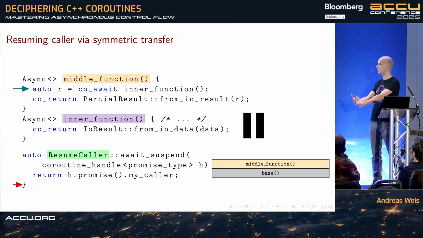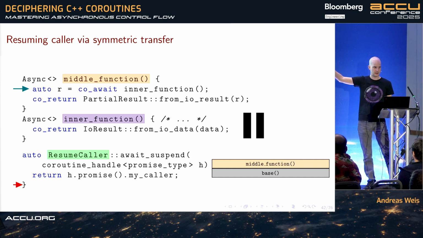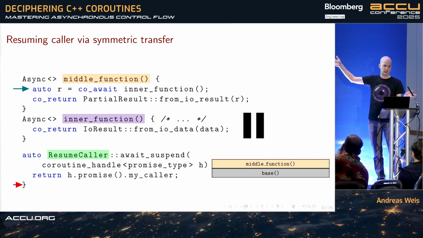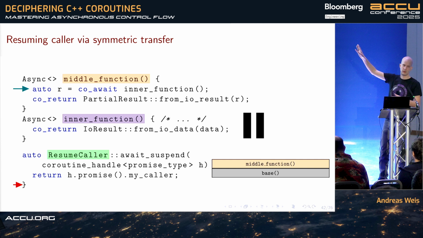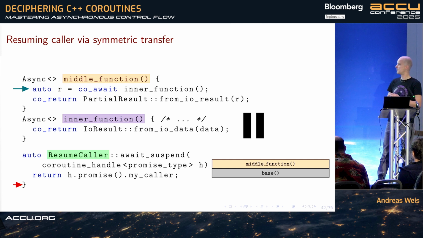And the middle function continues executing in place of the inner function. The inner function is now suspended. And the base has no idea what was going on, right? Eventually, if the middle function now returned to base, base would not know that control was actually passed there. The inner function just passes control over, and they just swap places here.